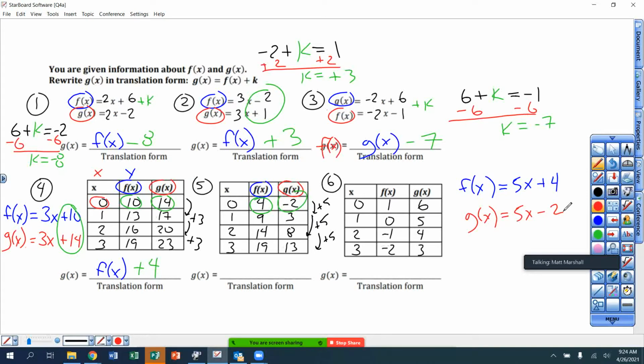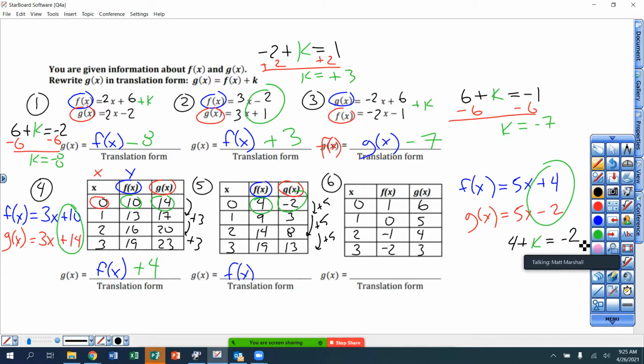Know that this one started f of x, new one g of x. So if you want right away, g of x came from me plugging in the f of x with its same slope, but its new y-intercept. And then again, from your math, show me this: 4 plus some unknown k equals -2. This one's a little more complex, so show the algebra.